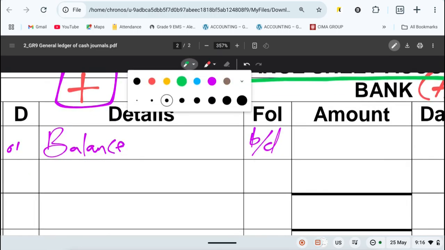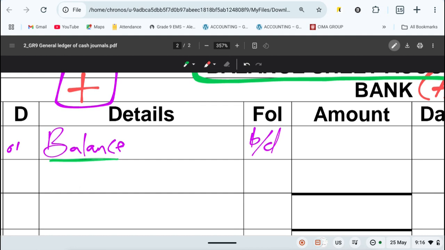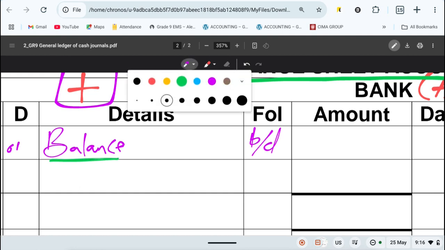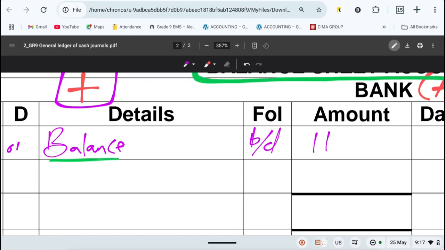Remember what I spoke about earlier: it's a balance sheet account. So what is the balance now? We said 111,950. This is the opening balance on the debit side of the bank account.